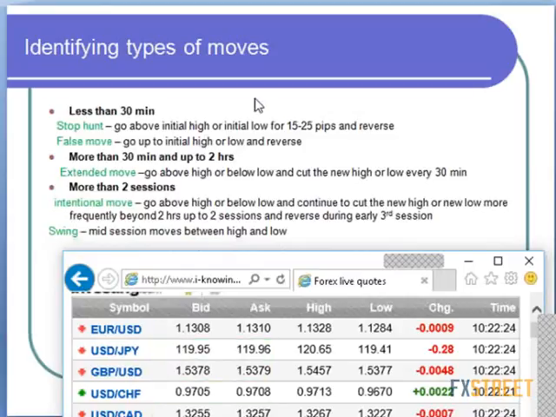And they pretend as if they are going to rise the market and drop. So always they create the market sentiment and act against the traders. The quick moves are to create the market sentiments. So for all such quick moves, stop, false move and extended move, take the contra trade. And the intentional move is the one which happens for 2 sessions, on the start of the 3rd session.